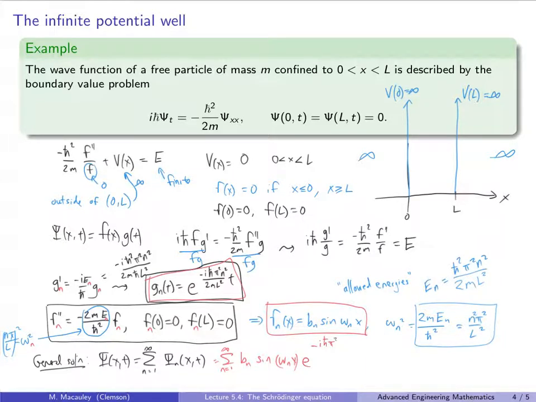If you don't use omega, you get this horrible mess of constants. But I think you can handle it. So it's Fn times Gn. Another way to write this is e to the negative i En t over h bar. Again, that's an E sub n. So you can see the energy state right here. So this is your general solution.